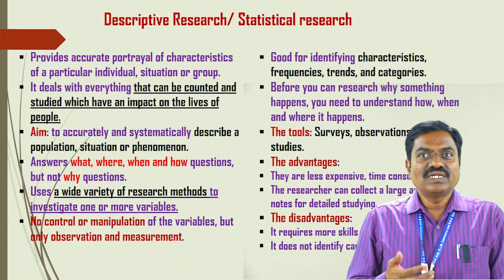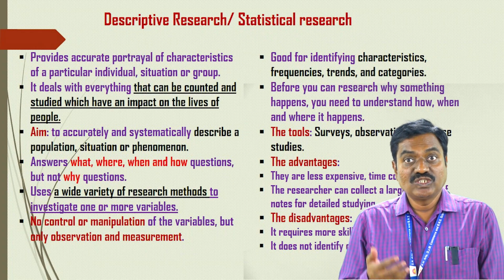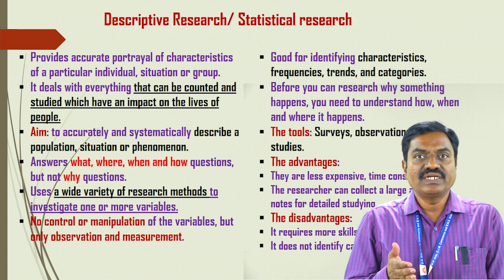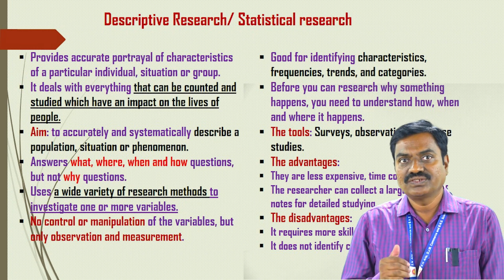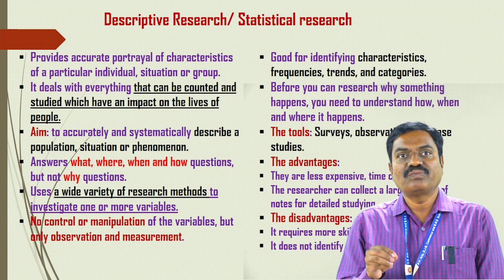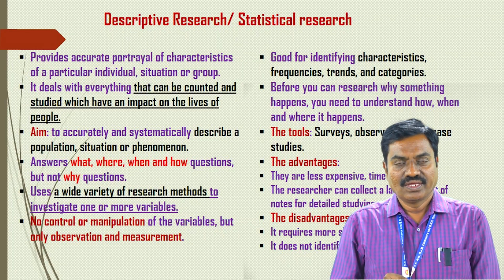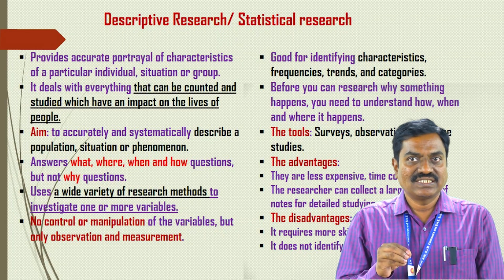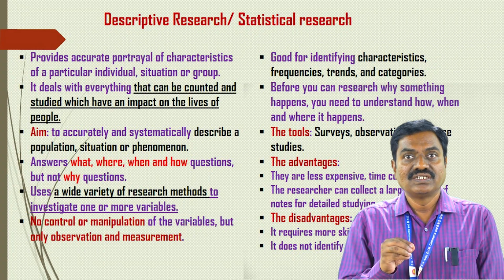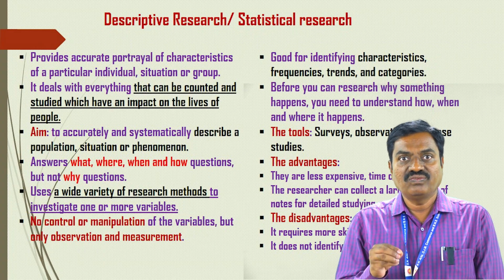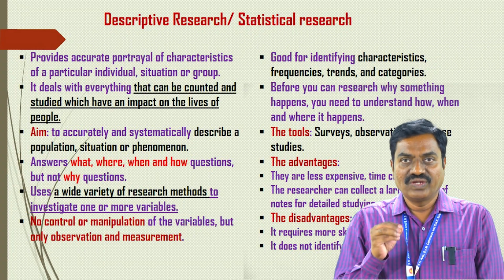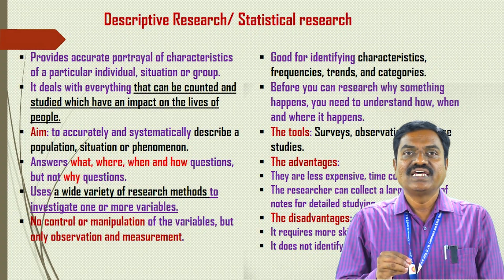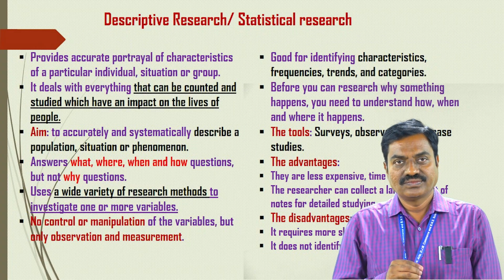Unlike in experimental research, the researcher does not control or manipulate any of the variables, but only observes and measures them. Descriptive research is an appropriate choice when the research aim is to identify characteristics, frequencies, trends, and categories.